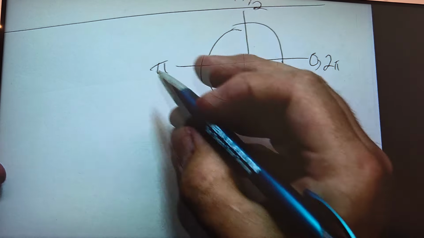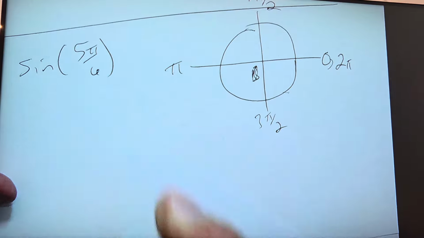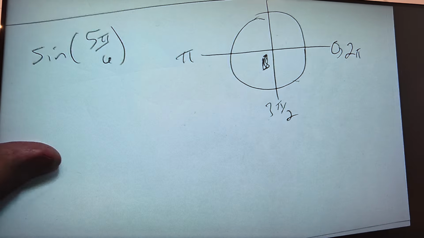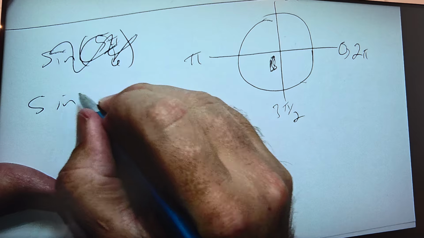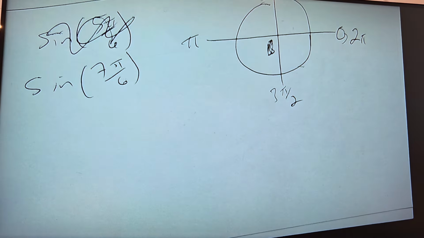Real quick, watch this. What if I had to figure out the sine of 7 pi over 6? There we go. That's what I want. So real quick, why was 150 easy?